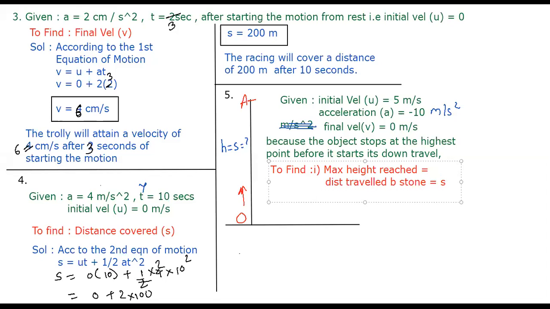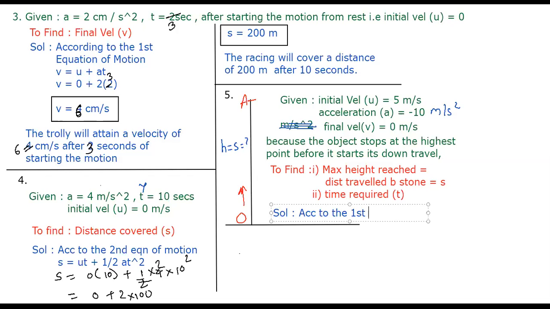And second thing is, I hope you have drawn the figure, the time required t. Now see, v, a and u are known. So which equation are we going to use first now? First equation of motion. So solution according to the first equation of motion.